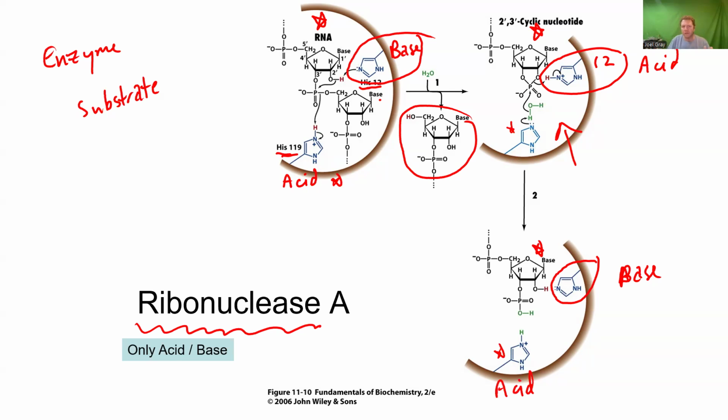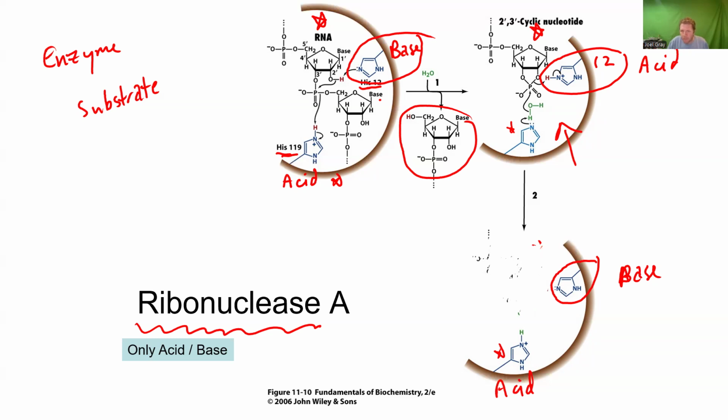So if you think about this mechanism, and let me switch to a white pen so I can scribble out my substrate, if we think about our enzyme in the starting cell and then in the final cell, we had histidine number 12 acting as a base and histidine 119 acting as an acid.